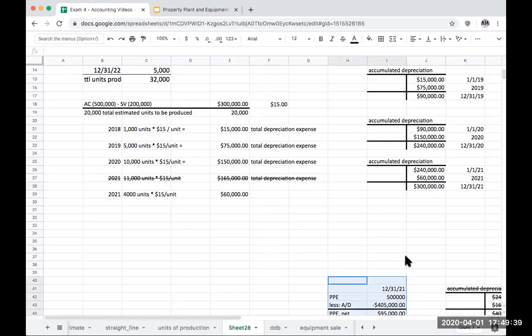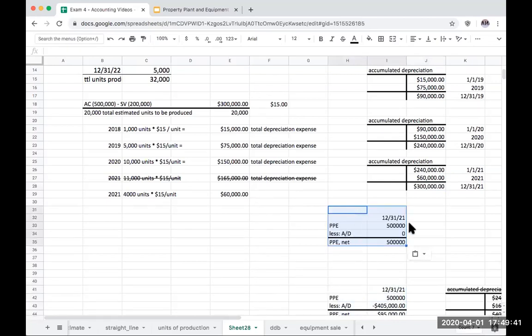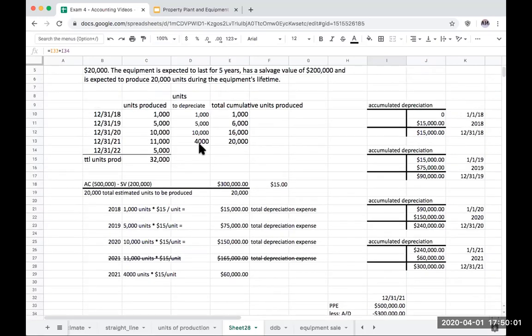So when I look at this from the perspective of what my balance sheet looks like now correctly, this is going to be 500,000 less my accumulated depreciation of 300,000 gives me property, plant, and equipment net. So that's what I have to do if I'm given a situation like that where I'm producing more than the actual units that I was expecting to when I originally acquired this equipment.